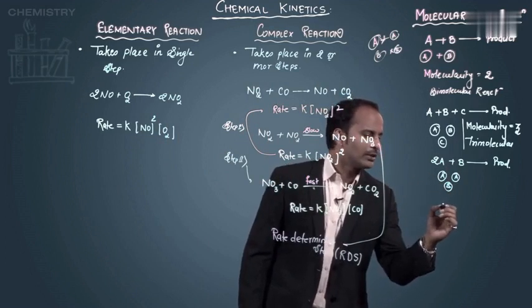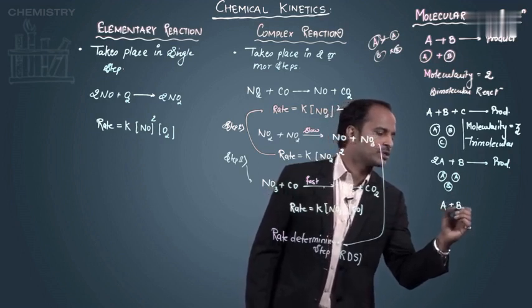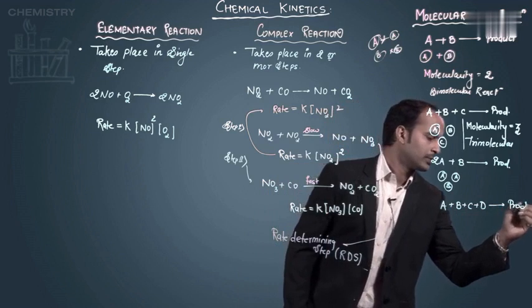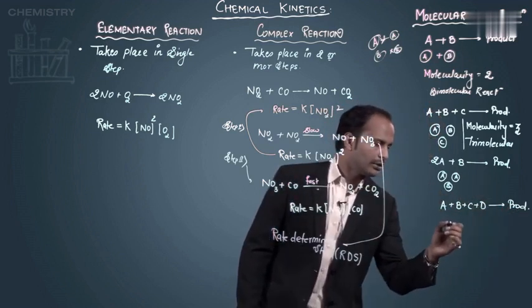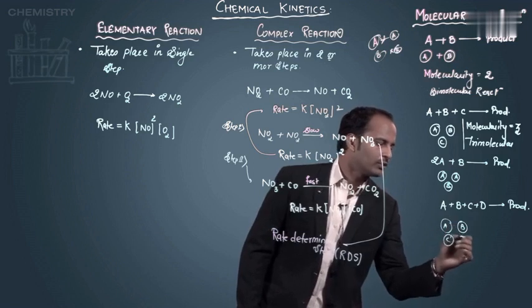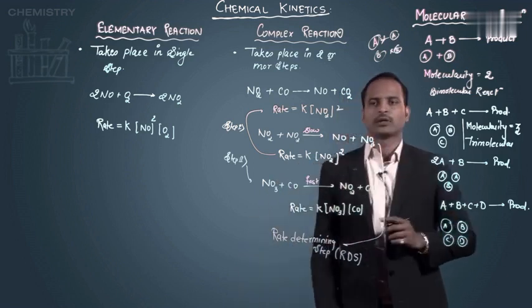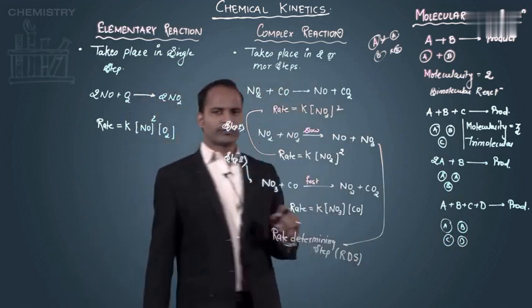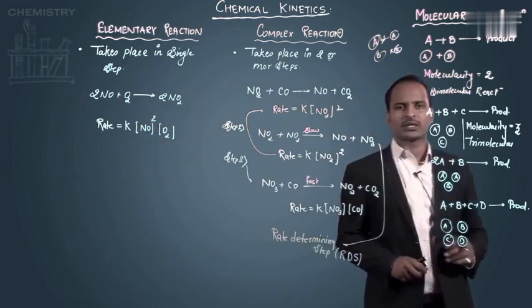Then third, suppose the third one, A plus B plus C plus D, the 4 reactants are there and they are forming a product. So according to collision theory, a product will form only when A, B, C and D, all 4 are colliding together at the same time.